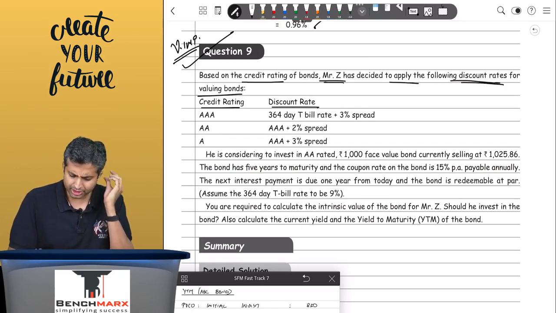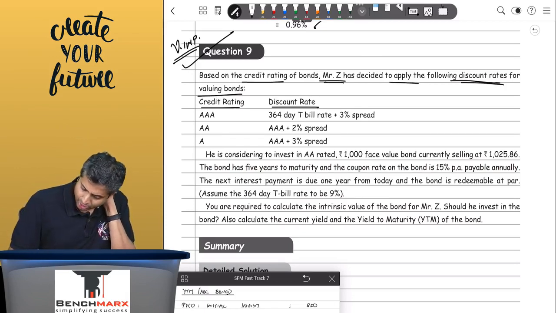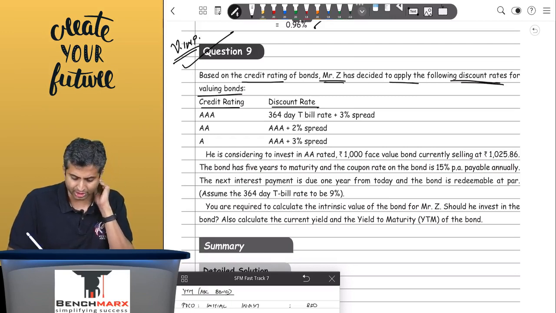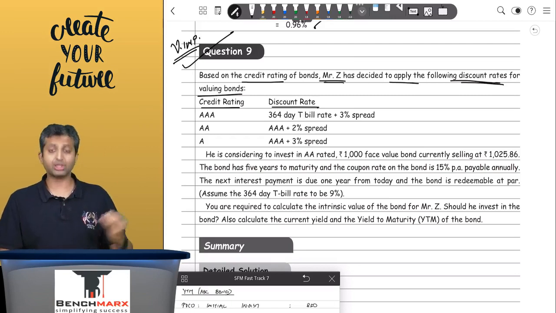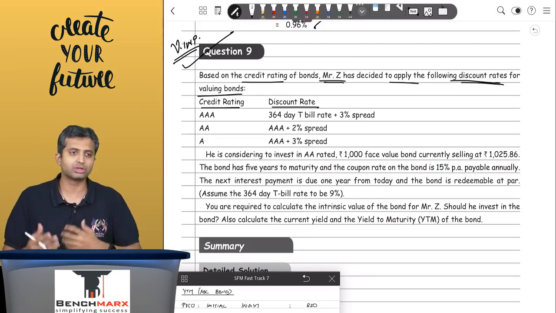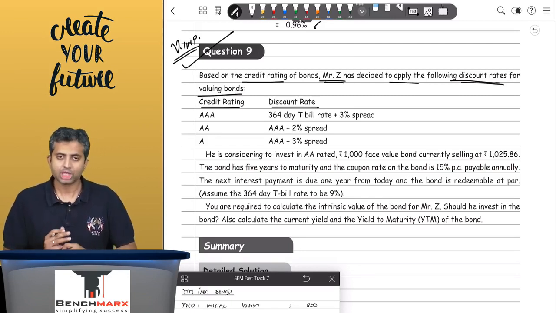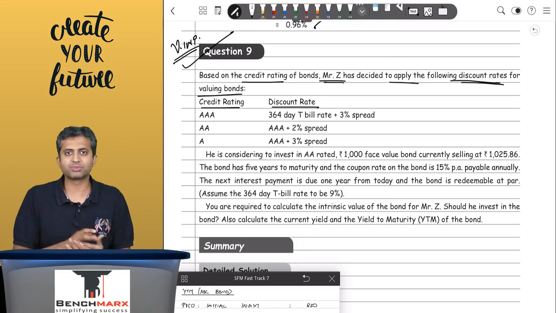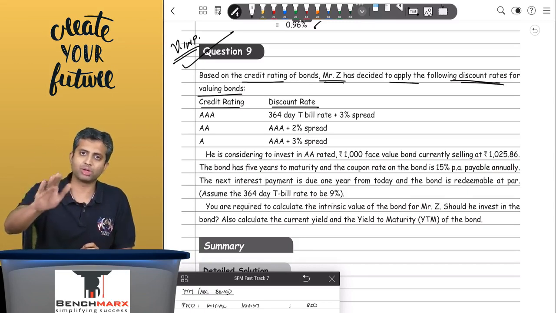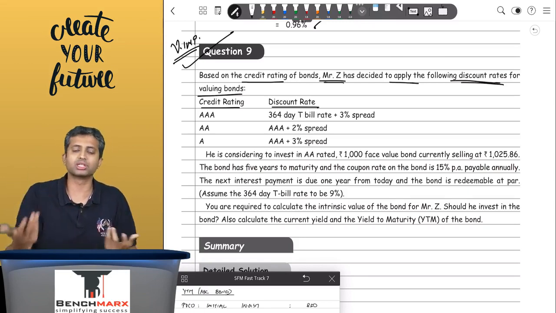If your credit rating is AAA, then you have 364-day treasury bill plus a 3% spread, that is, let us say the treasury bill rate, T-bill is the treasury bill, which is the government bond. So if the treasury bill rate, for example, is let us say 10%, then we will say, okay, on a government bond we will be expecting 10%. You may be AAA rated, but you are relatively more risky than the government.